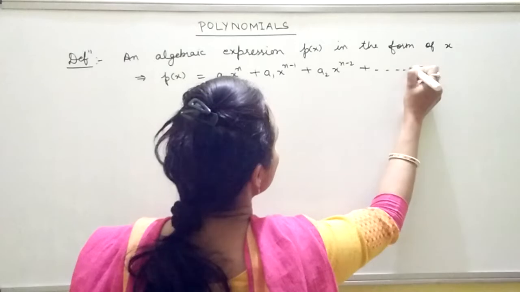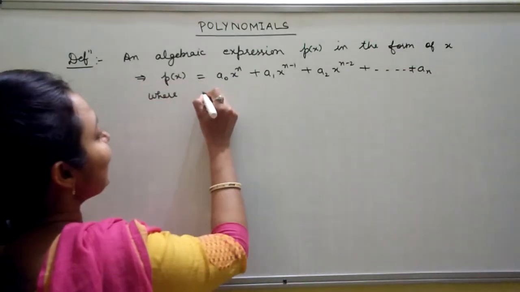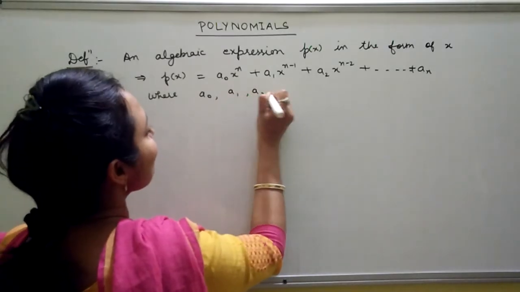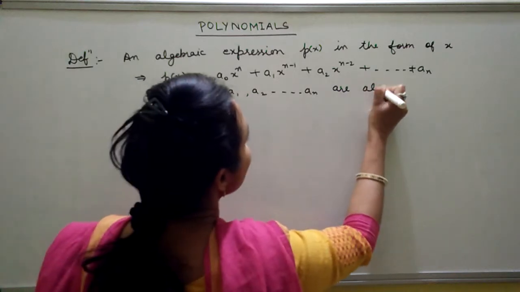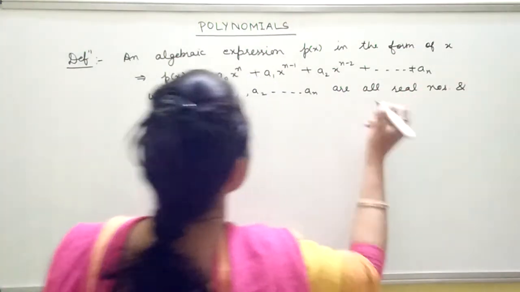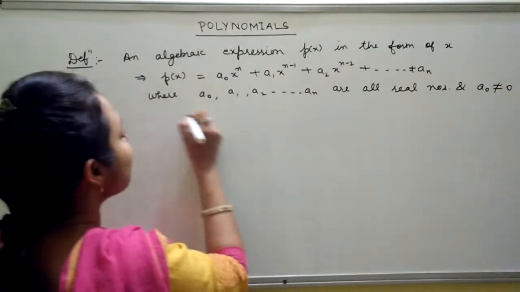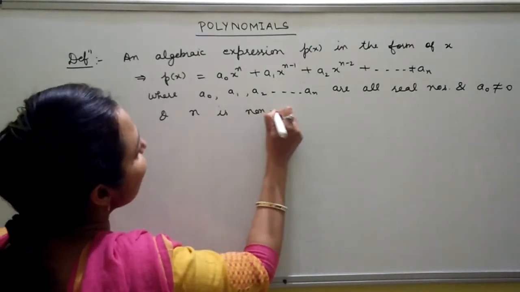At last we have an, where a naught, a1, a2, an are all real numbers and a naught is not equal to 0 and n is a non-negative integer.